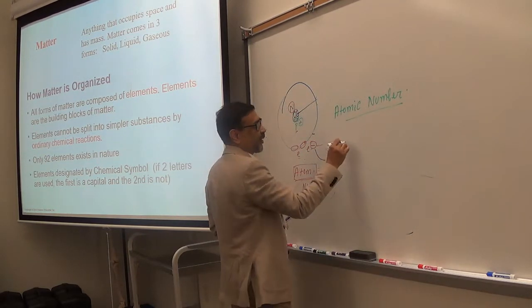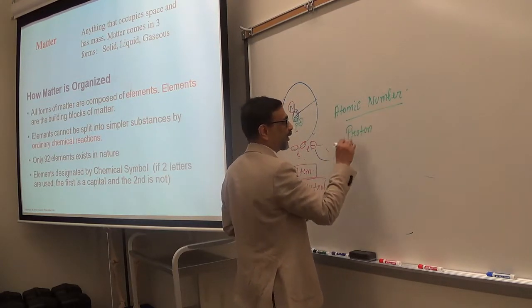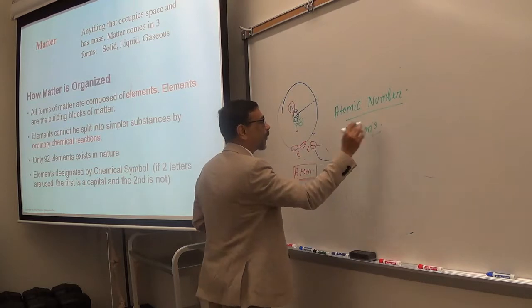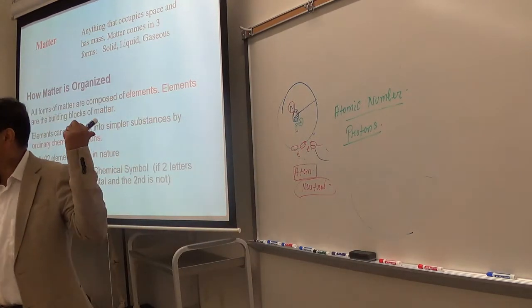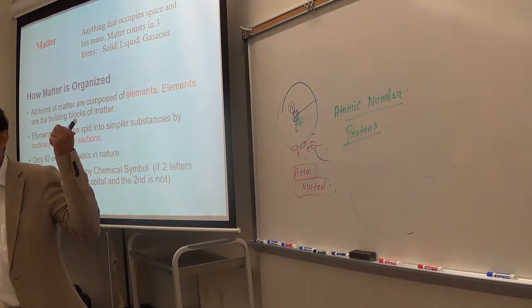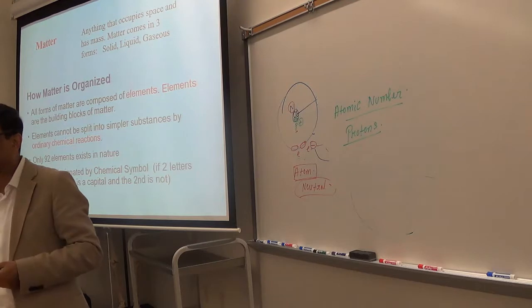Atomic number is the number of protons in that atom. So what is the atomic number of this atom? 2. Make sense? Because 2 protons. How many protons? That's the atomic number. Okay?